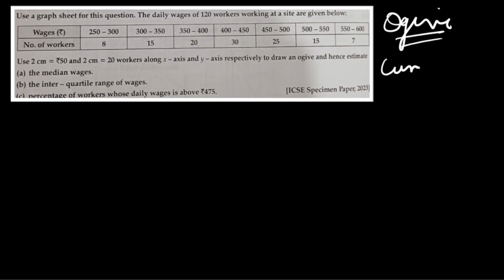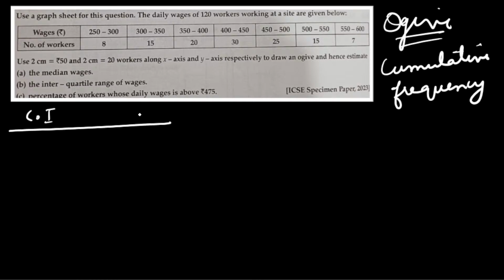Ogive or cumulative frequency curve, you can say cumulative frequency curve or ogive curve. So class intervals are given to us. We have to find the median wages, that means median we have to find. Then the interquartile range we have to find, that I'll tell you. And then the percentage of workers whose wage is above 475.